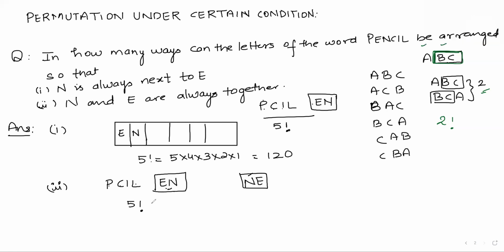You said 2 factorial. Very good. So this is the answer for the second one: 120 into 2, which is equal to 240. Please remember, in such questions, you need to fix 2 alphabets, and as per the condition, you can arrange the alphabets inside the box or not. Please note this. This is your answer, confirm to me. Then we will start the next question.